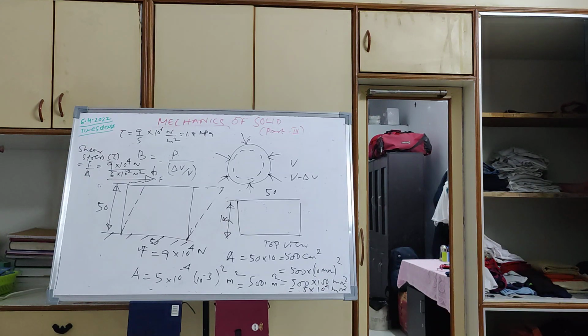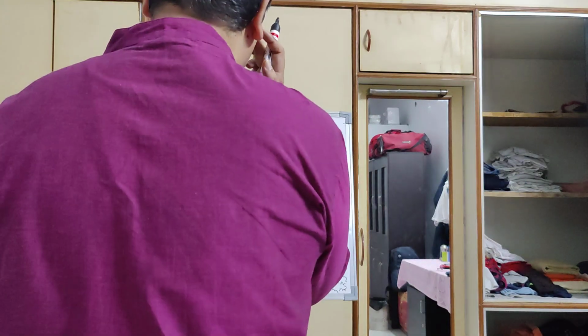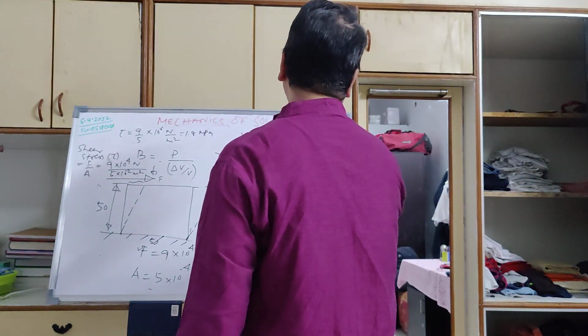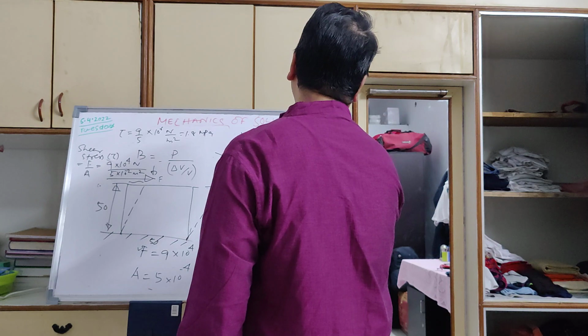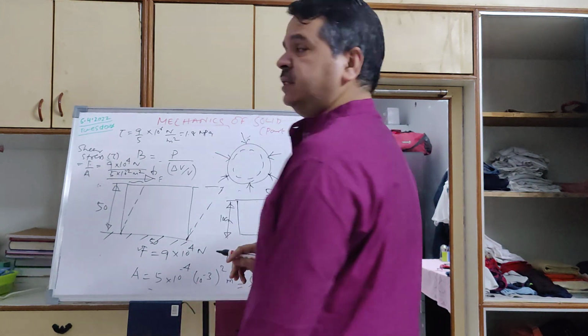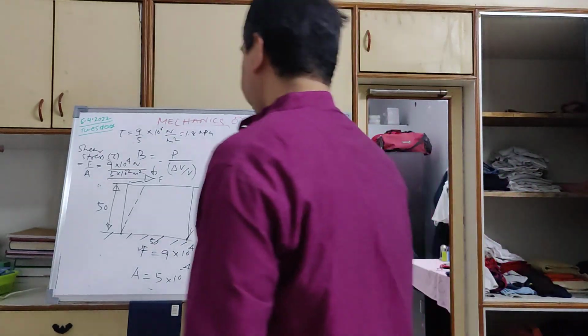Now we want to find out this x. We know the stress now. Another thing we know is tau by shear strain. Let us say shear strain is written as gamma.